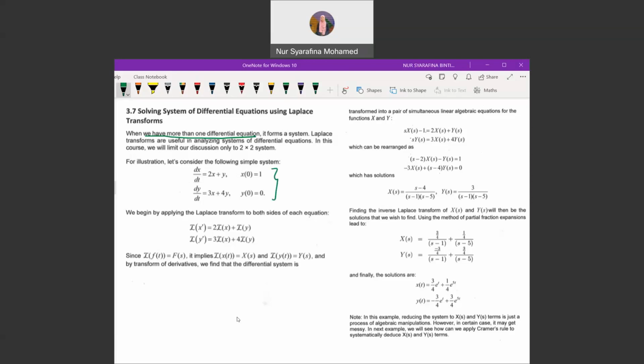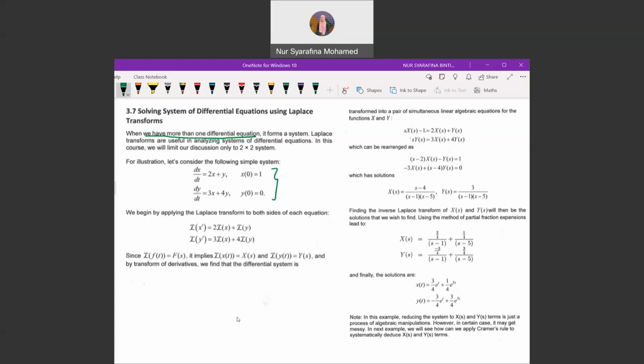So this is one system of differential equations where we have two differential equations and two conditions. We are going to use Laplace transform here to solve this kind of problem. Laplace transform is useful in analyzing systems of differential equations. In this course, we will limit our discussion only to 2x2 systems. Let's take a look at this example.